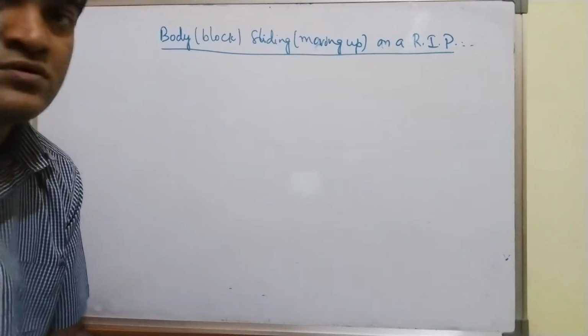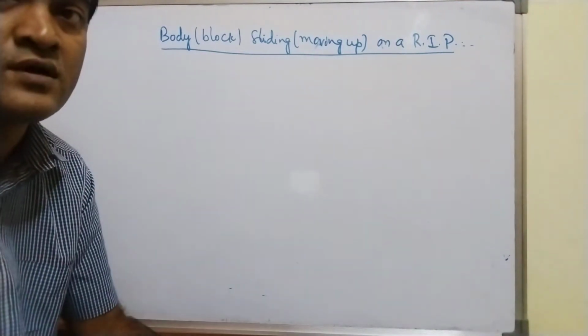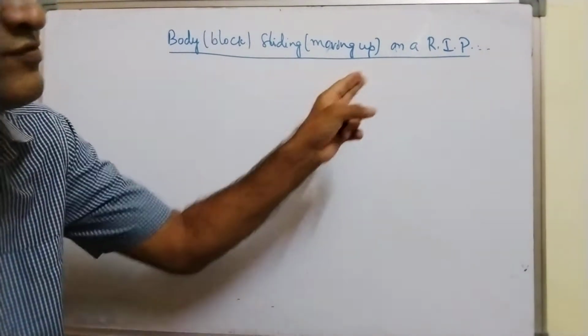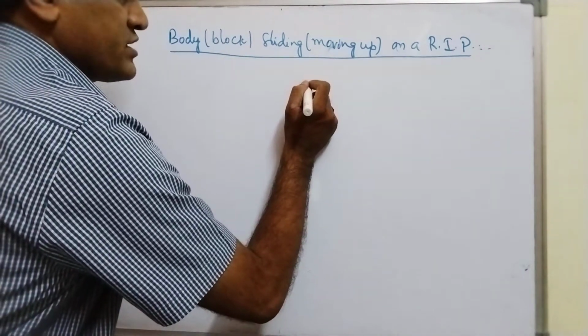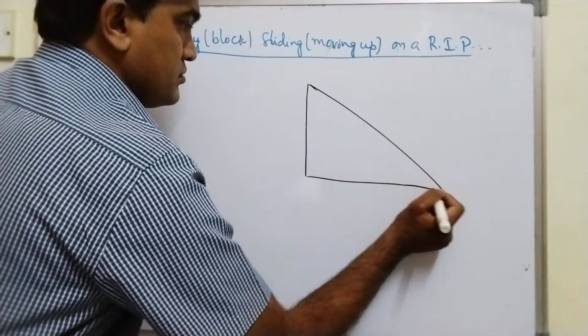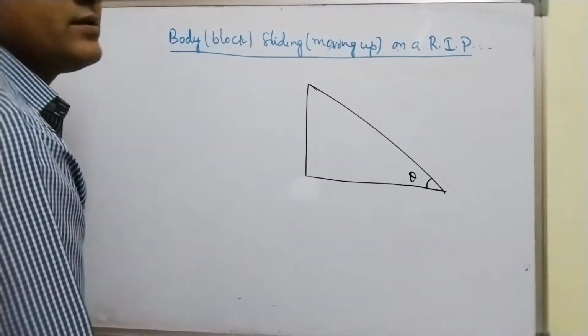Fine. Now let us discuss a block moving up a rough inclined plane. This is what the picture looks like, with angle theta, a rough inclined plane.